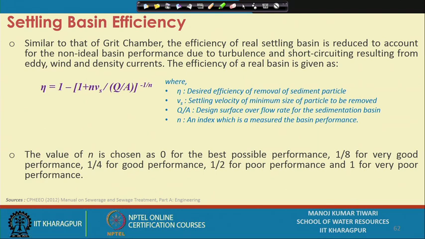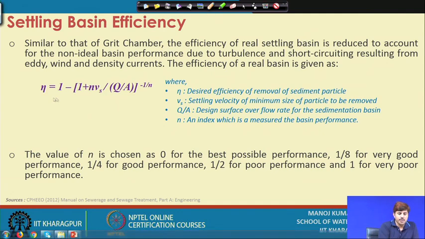Now, the basin efficiency again is not always ideal as we considered for an ideal settling basin, and this non-ideal performance, similar to the grit chamber that we discussed, could be because of turbulence or short circuiting which results from eddy, wind or density currents. So, the same kind of approach is adopted in order to estimate the efficiency.